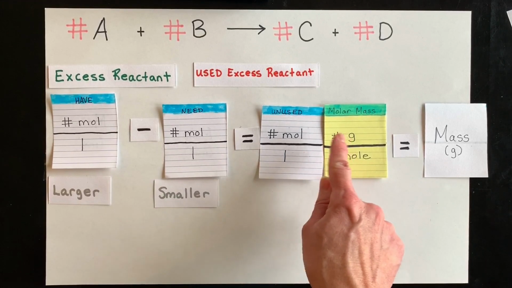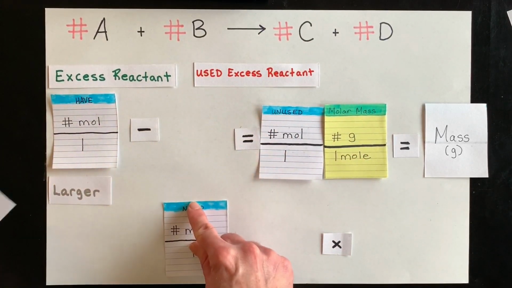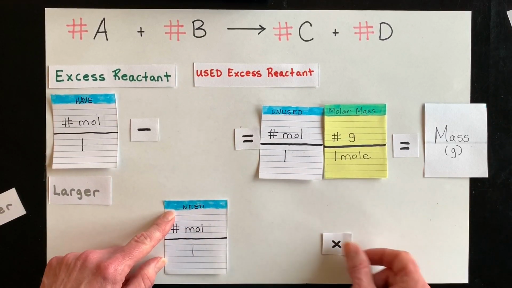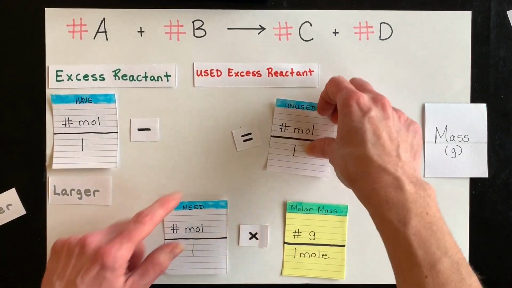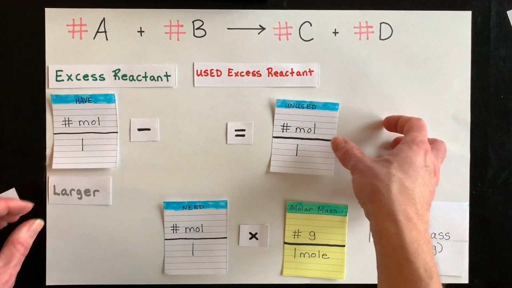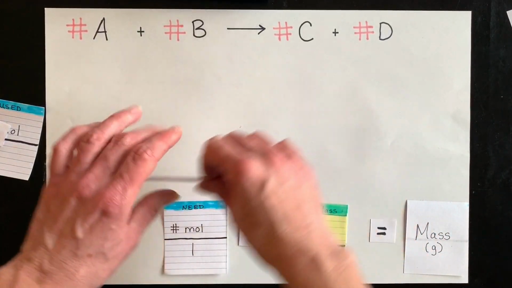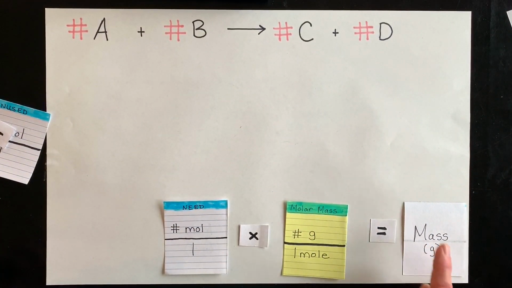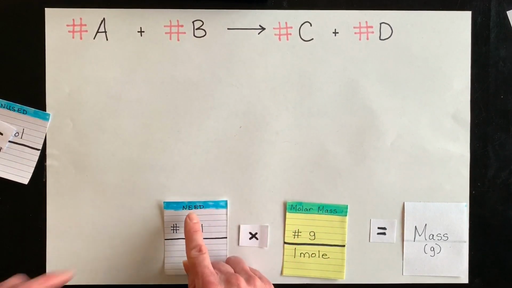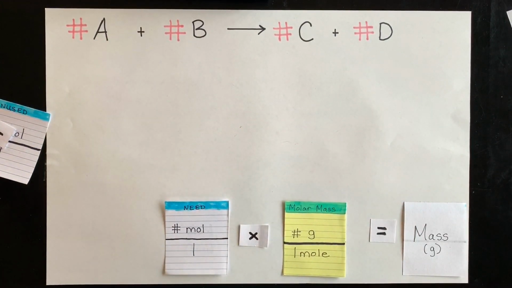You can either subtract, or you can just pull this number down here, which is the moles that you actually used, and multiply it by the molar mass. That will equal the mass that you actually used of B, because it was what you needed to react the other A away. All right, on to the practice problem.